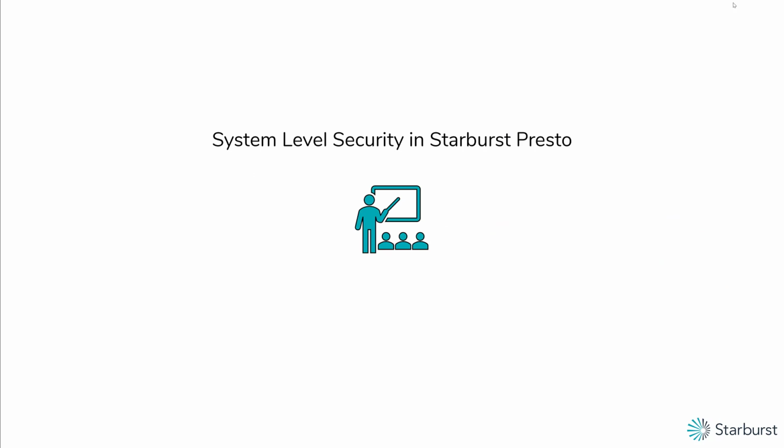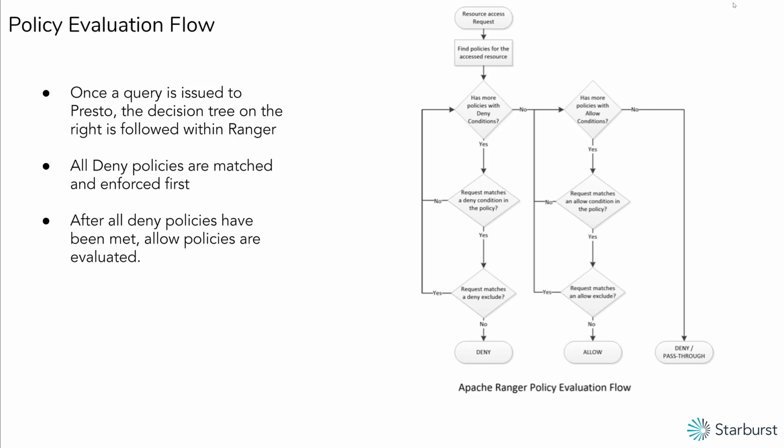Something we call system level security is a subset of global security. We'll go over that now. There are policies in Apache Ranger, and the way they are evaluated is on the right-hand side; we'll go over this very quickly. When we first set up a Starburst Presto system with global security, everything is denied by default.